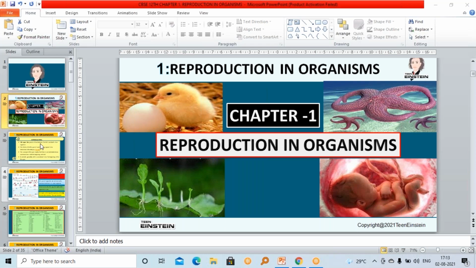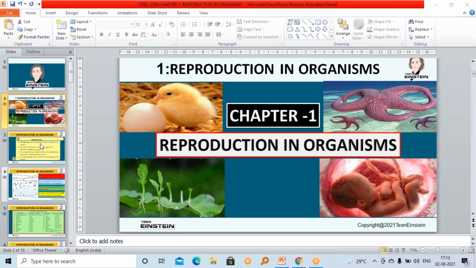So in this chapter, we are going to learn about the reproduction of organisms by asexual methods and sexual methods. Reproduction is a vital process, and without reproduction, organisms can't survive or produce the next generation.